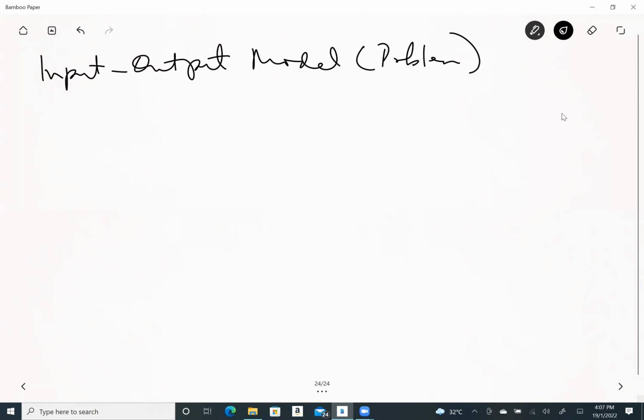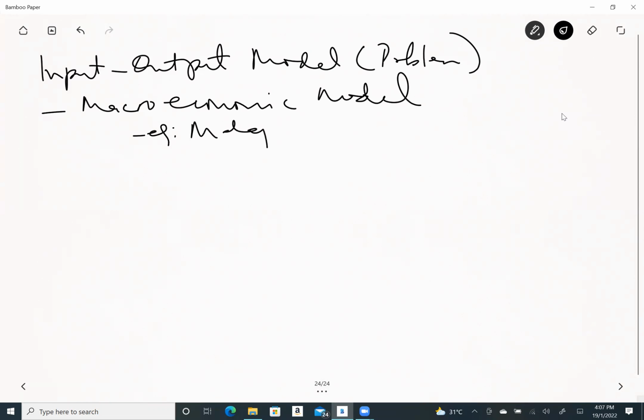Now, what is input-output? This is a macroeconomic model. So this is a model of the economy as a whole, for example the Malaysian economy, or if you come from Indonesia, the Indonesian economy. Just the whole economy.